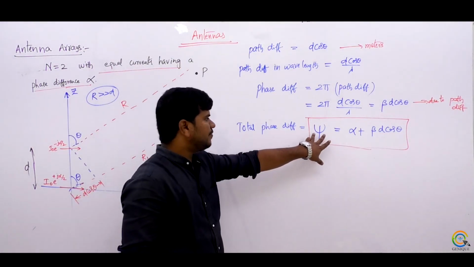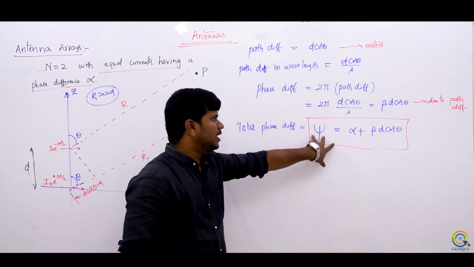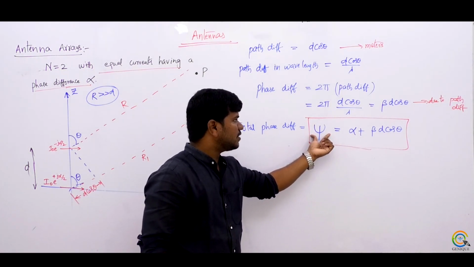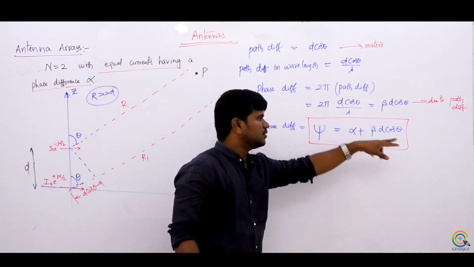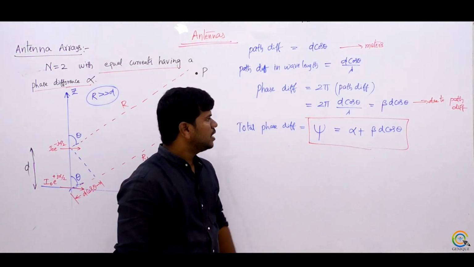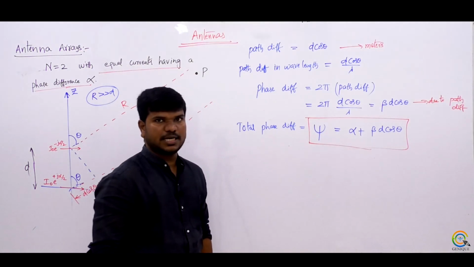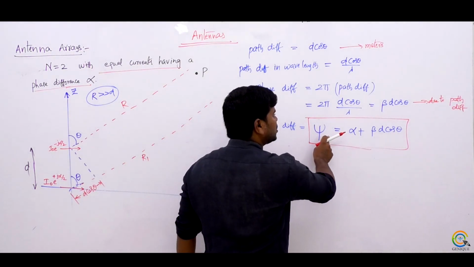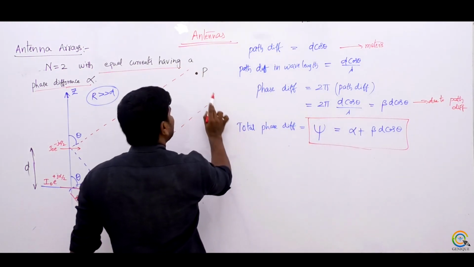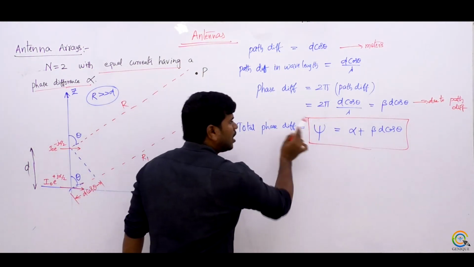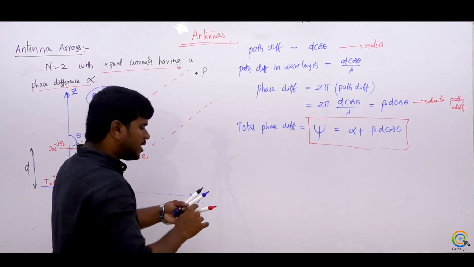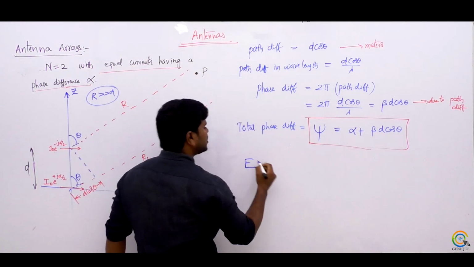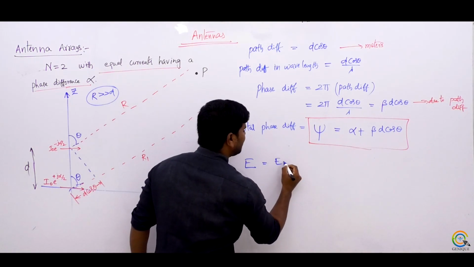The total phase difference produced in the E field is equal to alpha plus beta d cos theta. Now the total phase difference produced due to the path and the current must be equal to this. So what is the electric field? We know the electric field produced here is E1 plus E2.